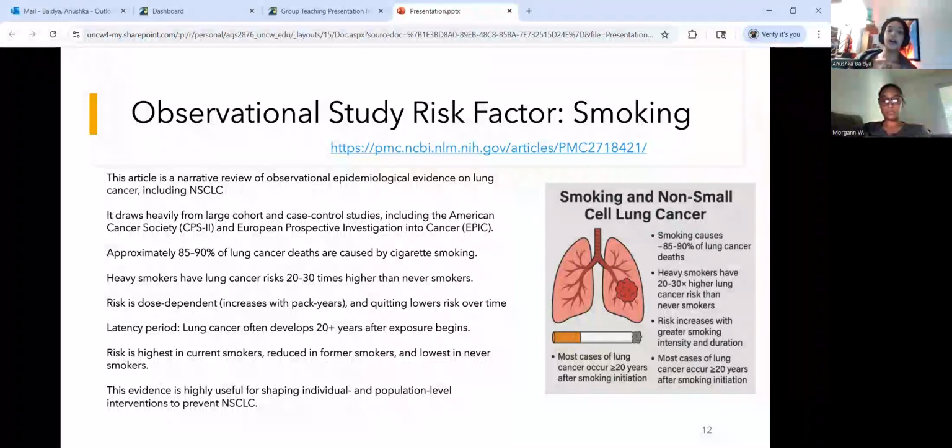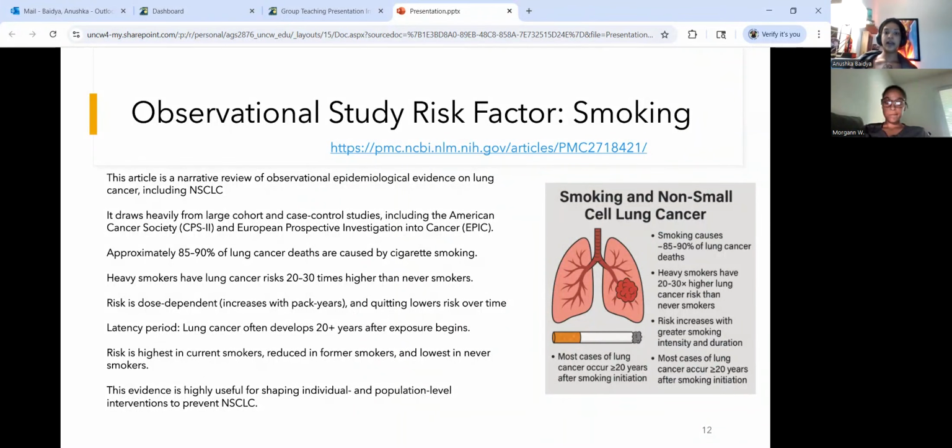The latency period, they found lung cancer often develops 20 plus years after exposure begins, which can explain why the median age of diagnosis is around 71. The risk is highest in current smokers, reduced in former smokers, and lowest, obviously, in never smokers, they found.